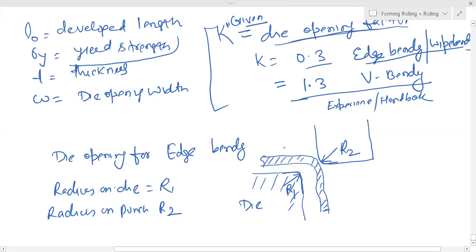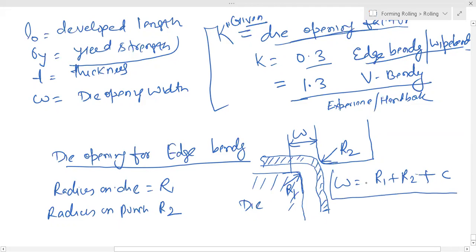So what is die opening? This is your die opening. This is W. So I am talking about the die opening for edge bending. So W will be equal to R1 plus R2 plus clearance C. And generally this clearance C is equal to the thickness of the sheet.